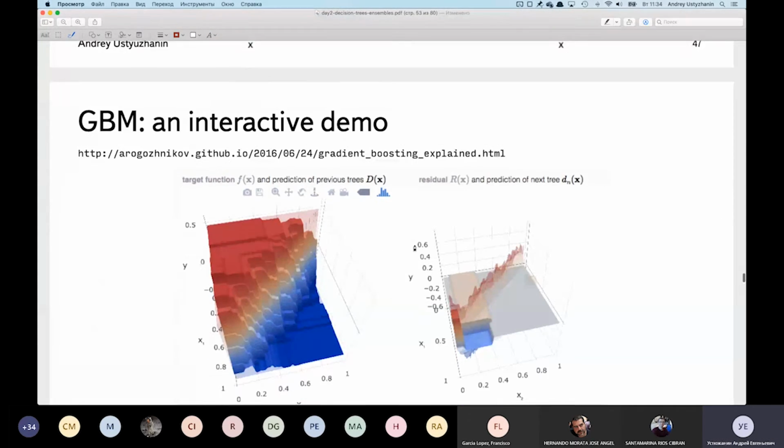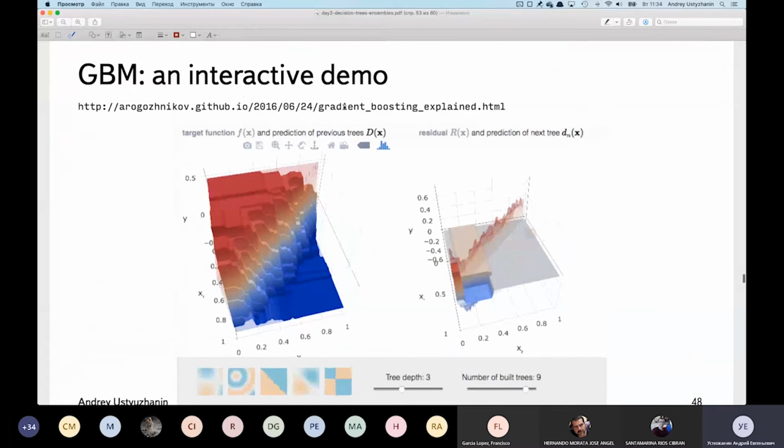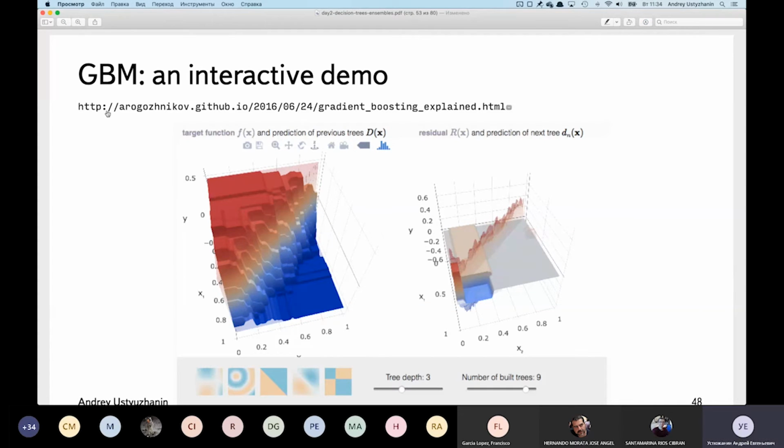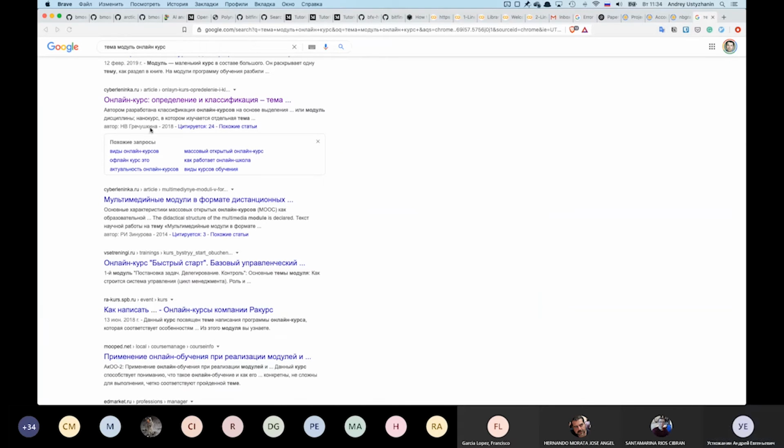quite nicely. I think I'd better show you the following interactive part. Just wait a second, it takes some time to load the web page.